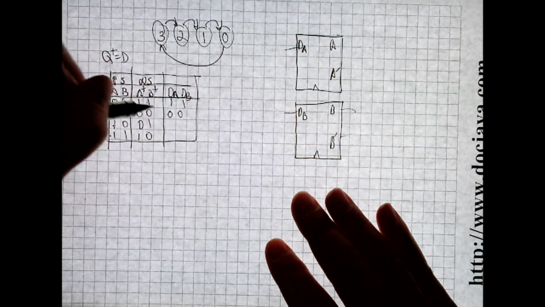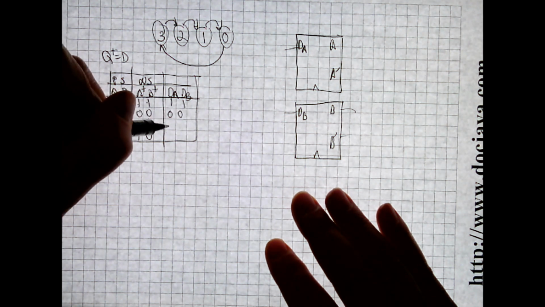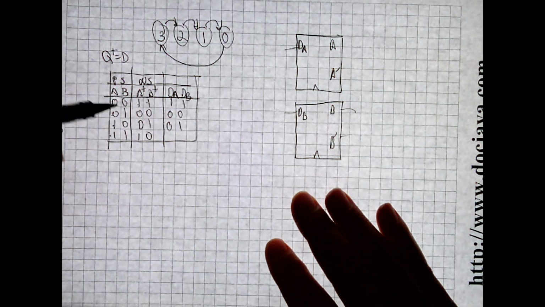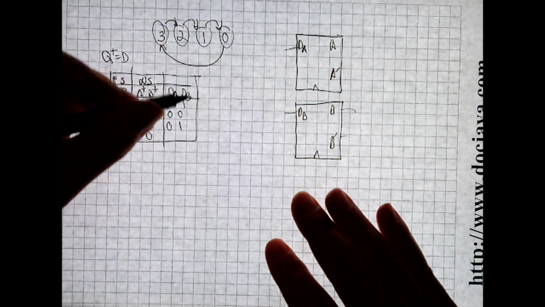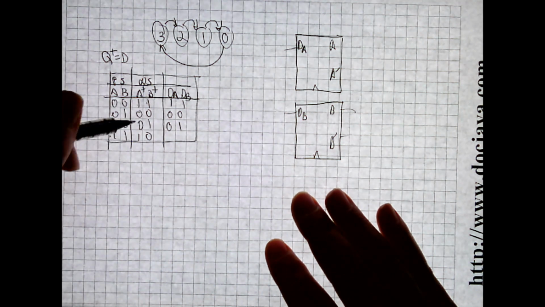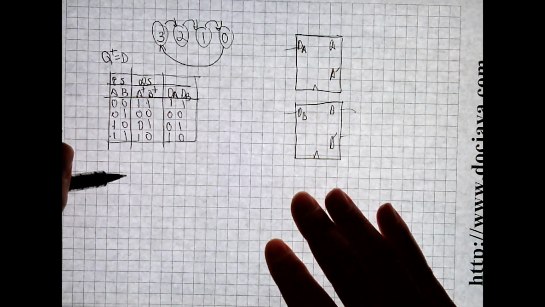The input's 0, next state will be 0. This seems, I don't know, unnecessary, but I guarantee you that once you get to more complicated flip-flops, you'll see the necessity. And now here comes 1, 0.